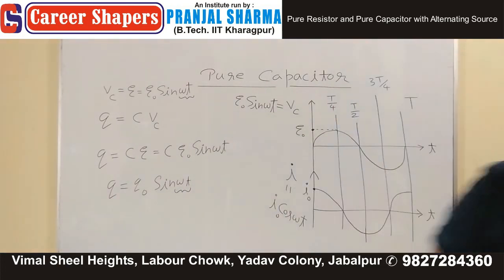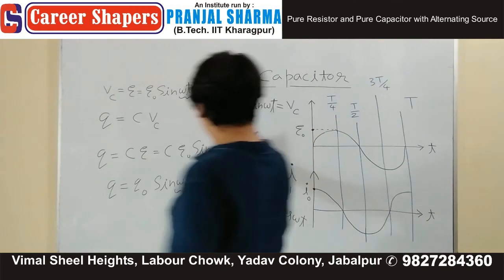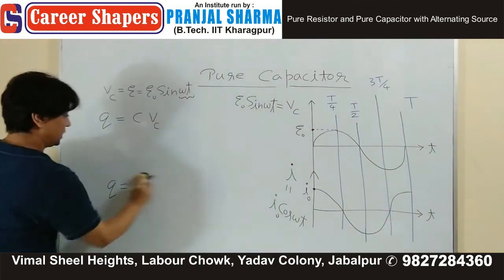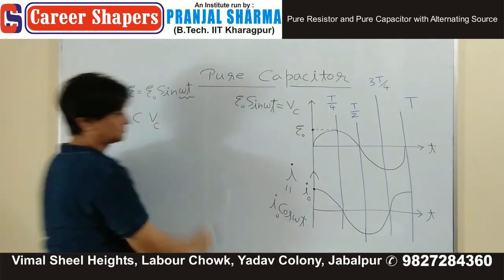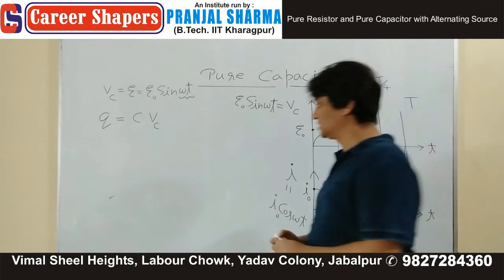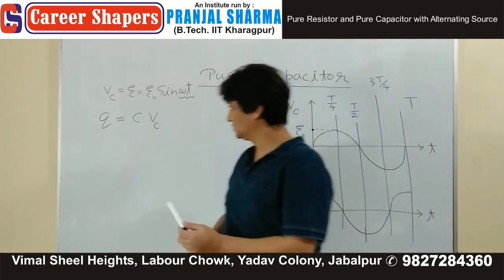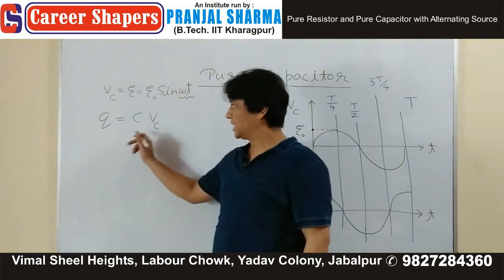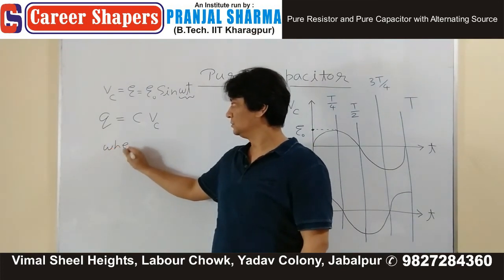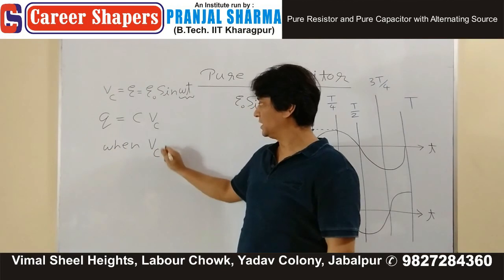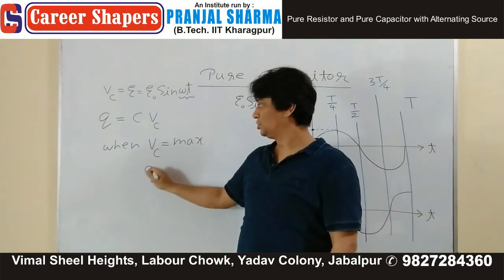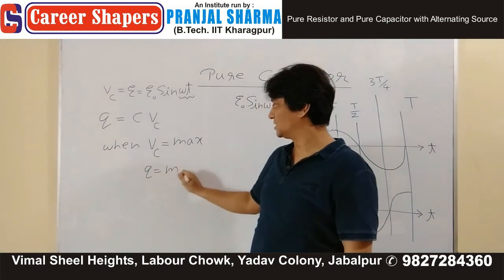I will just take one more minute. This will clear everything in this part. Why do we observe a phase difference? Let me give you the logic behind this. You can see that when VC is max, Q is also maximum.